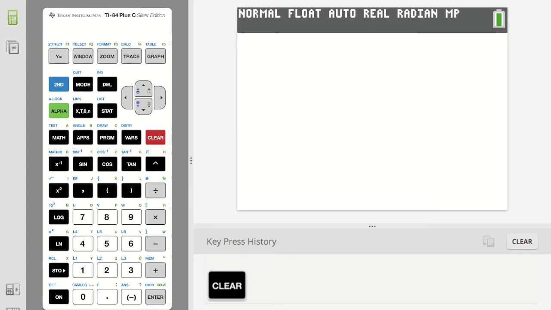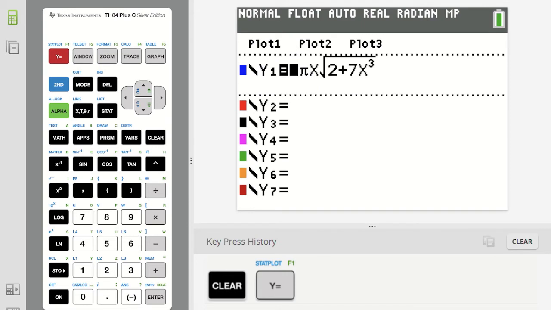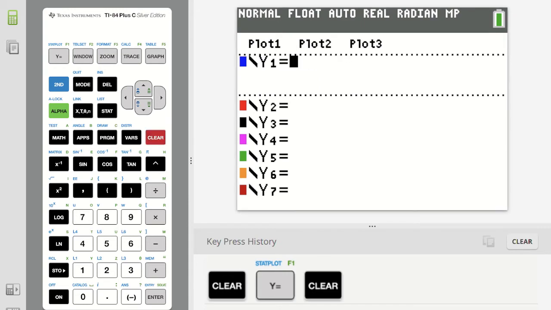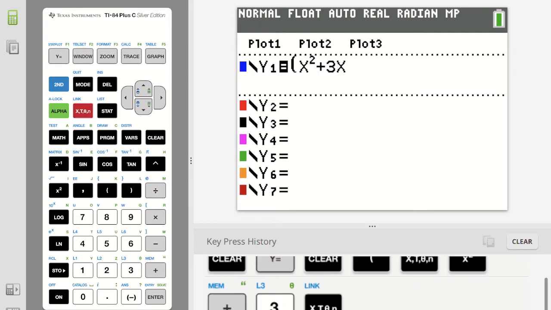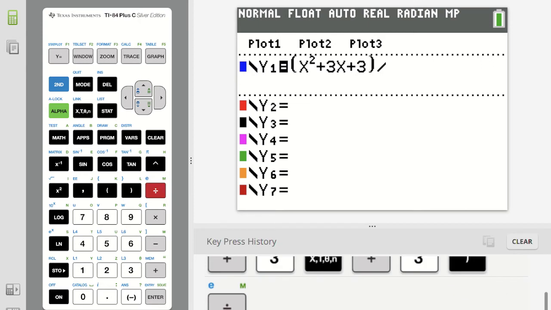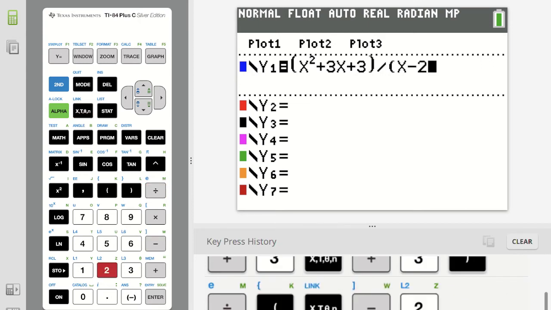In our calculator, you'll want to start by pressing the y equals button. In y equals, we'll enter our function, making sure to use parentheses. So we have our function x squared plus 3x plus 3. We want to make sure to close the parentheses and divide by x minus 2 also in parentheses.